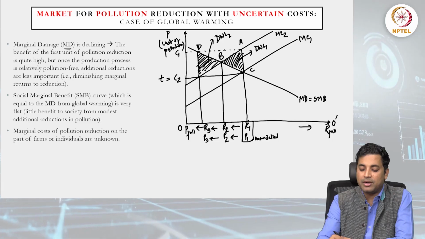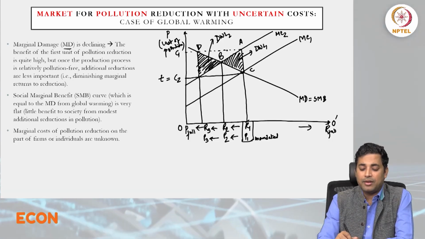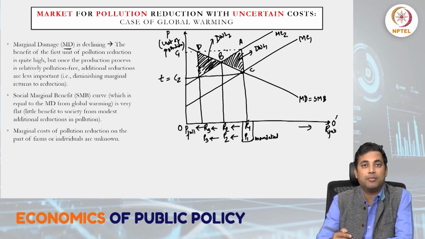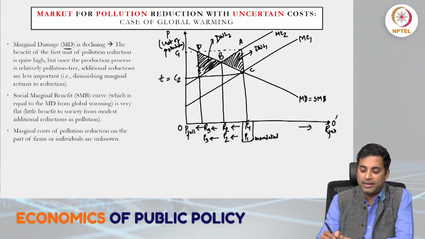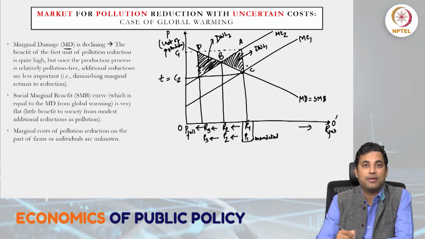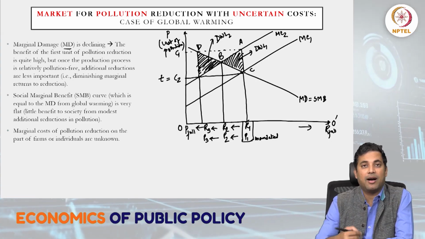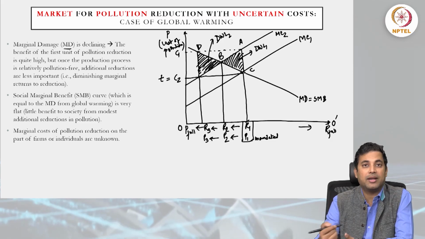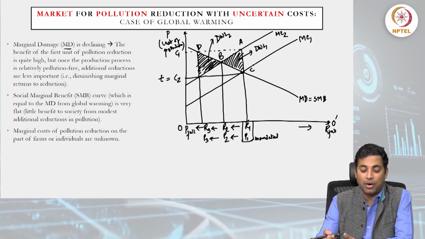So in this particular case, if we control or regulate the pollution reduction level, like say the mandate is OR1, then we get equilibrium point at C, but with the higher cost the market is failing, and then deadweight loss is occurring.